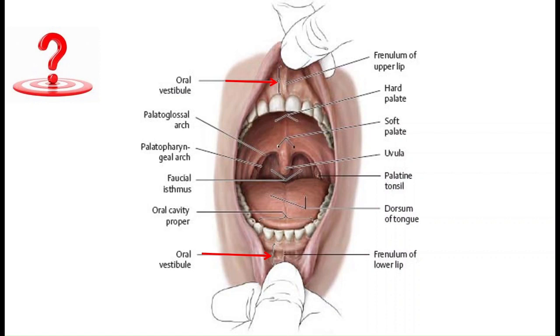In the previous slide, the lips were stuck to the arch of the teeth, and here they are pulled so that you can see that there is a space between the lips and the arches of the teeth. And also you can review the other features which are labeled on the sides of the image.